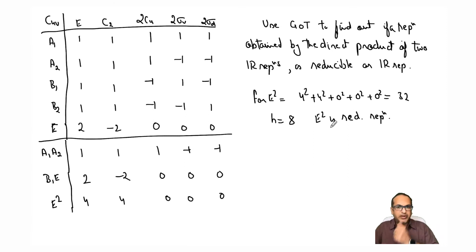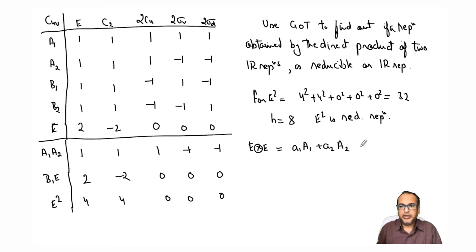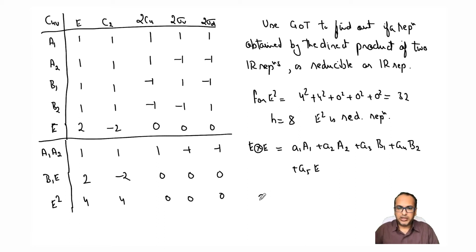Okay, so now how do we find out the components that constitute E square? We can do that also. So E cross E is equal to A1, A1, A2, A2, A3, B1, A4, B2, and A5, A. Remember the reduction formula which we use.